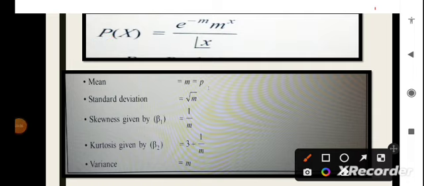Poisson distribution is a discrete distribution with a parameter M, so it has various constants: mean is equal to M, which is equal to P. Here variance is equal to mean. The standard deviation is equal to under root M. Skewness is equal to 1 upon M and kurtosis is equal to 3 plus 1 upon M.